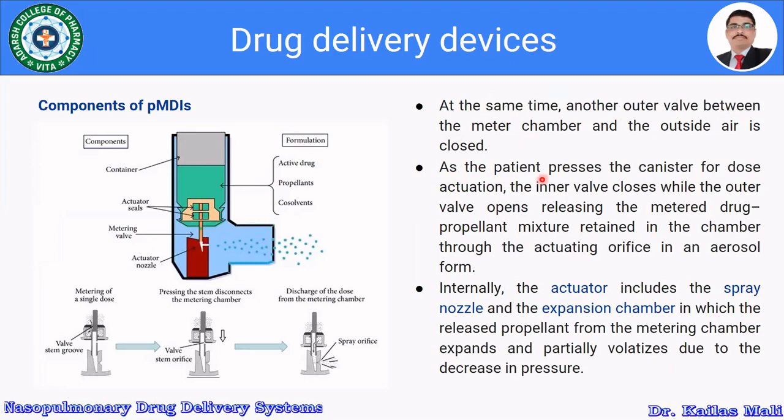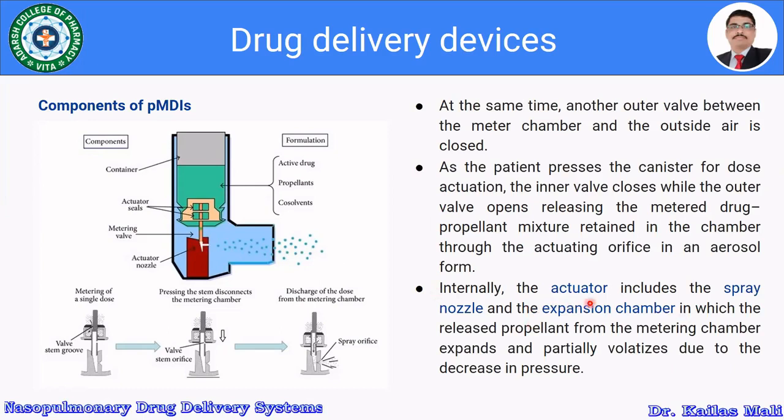As the patient presses the canister for dose actuation, the inner valve closes, while the outer valve opens, releasing the metered drug propellant mixture retained in the chamber through the actuating orifice in an aerosol form.